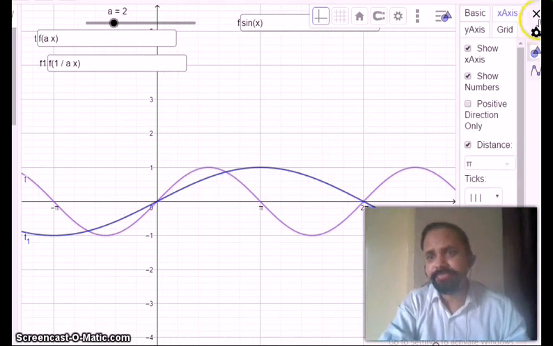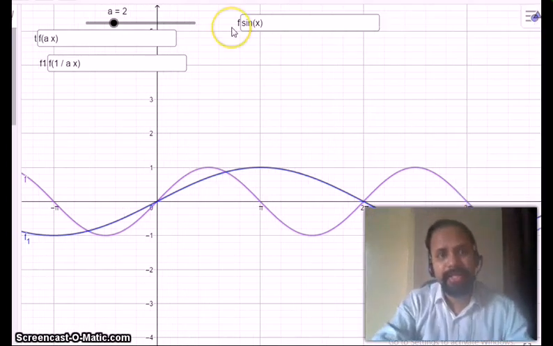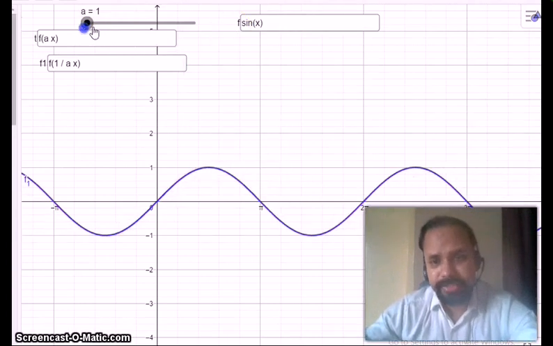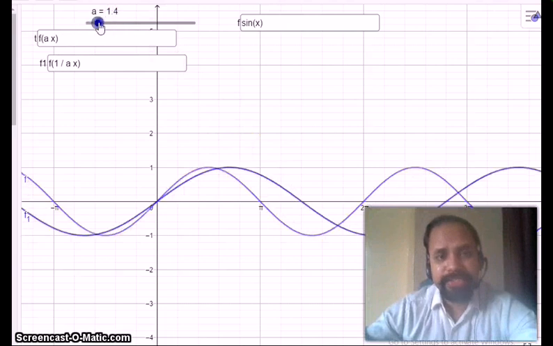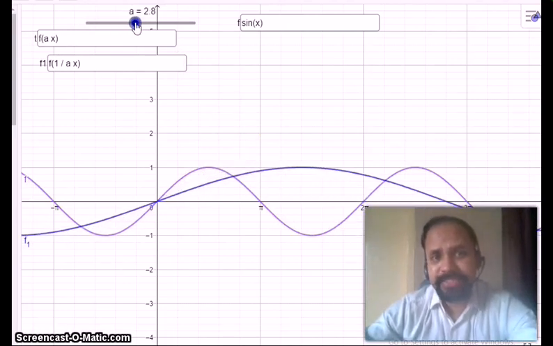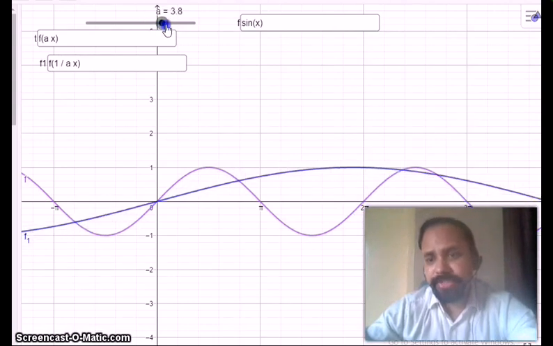Okay, then see, till now, if we have graph sin x equal to 0 to pi, that is this one, and if we change to 2, then it expands to 2 pi. Then if it expands by 3, then it goes to 3 pi and so on.